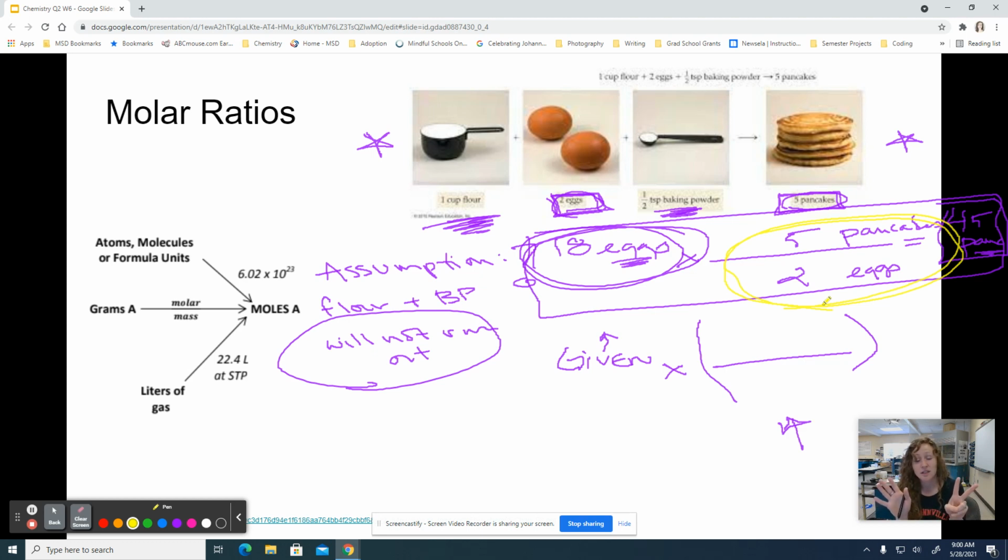Those 2 things are equivalent. So I can write a true equivalent statement: 2 eggs, assuming that I have enough of everything else that I need, equals 5 pancakes. These 2 things are equivalent, right?